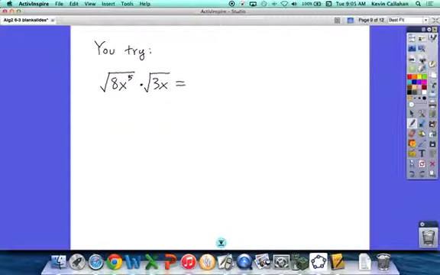Don't turn into decimals. No, we don't want decimals. We simplify square roots as much as we can. You should be getting the square root of 24. Is 24 a perfect square? Does it have any factors that are perfect squares? Check. It does.